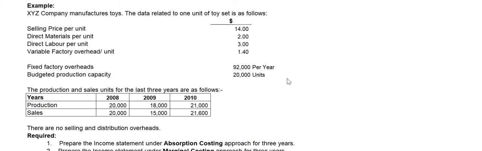So what is the main difference? The main difference is that under absorption costing, the total production cost is valued at full cost. What does it mean?